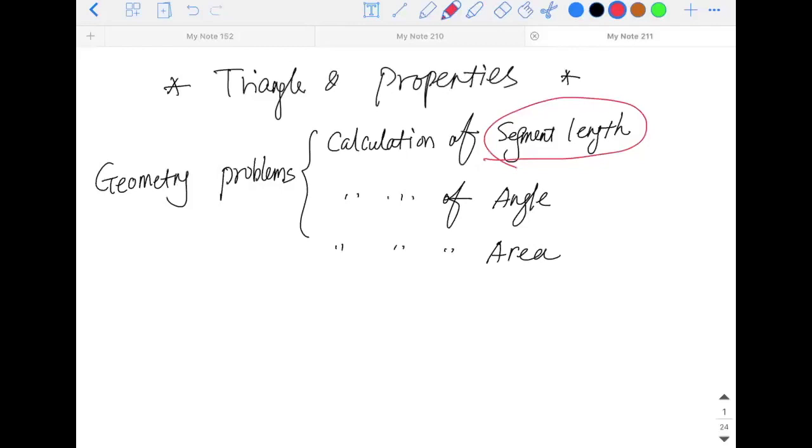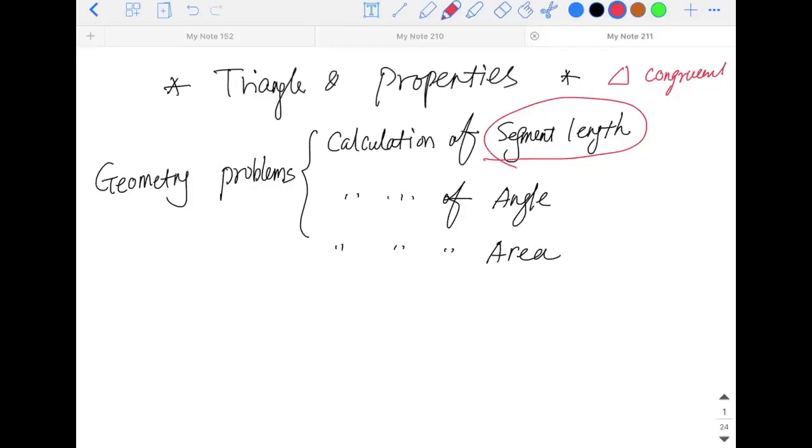But how are you going to do that problem? At the end of the day, most of the time, if you want to prove two segments are the same, maybe you want to put them into two different triangles and make sure these triangles are congruent, right? Think about it.